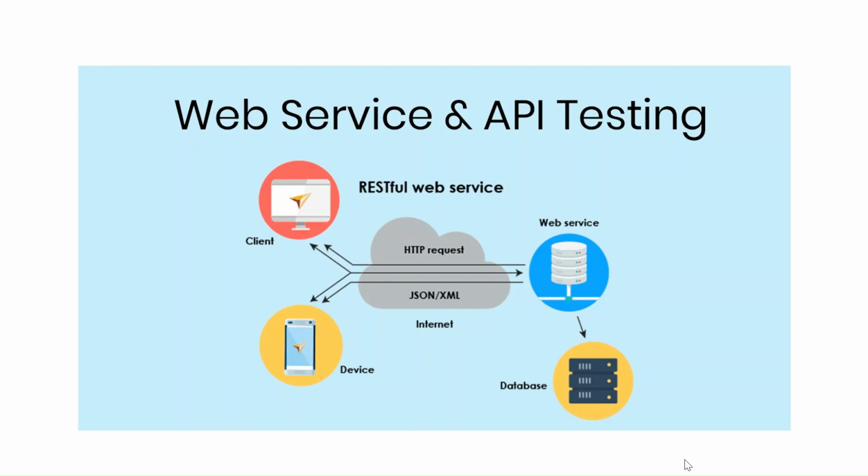It restricts some things and shows only some things to the client, so that everything is not accessible. But a web service is a part of API. In the broader way we call it an API, but in a simple service we call it a web service.